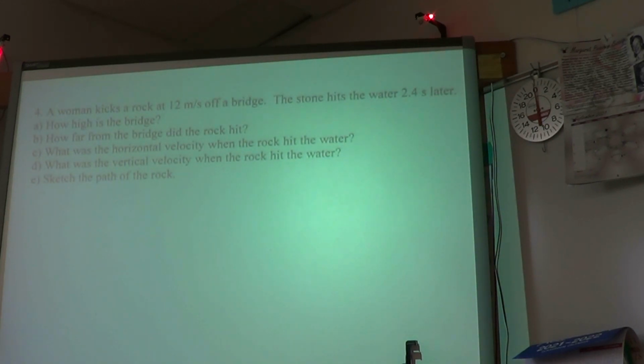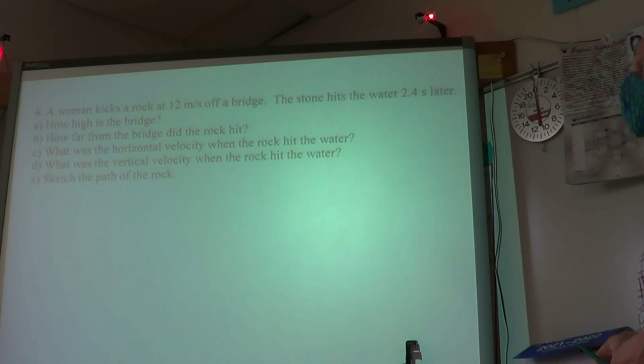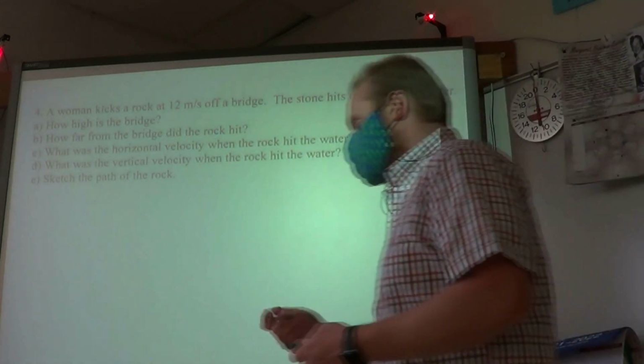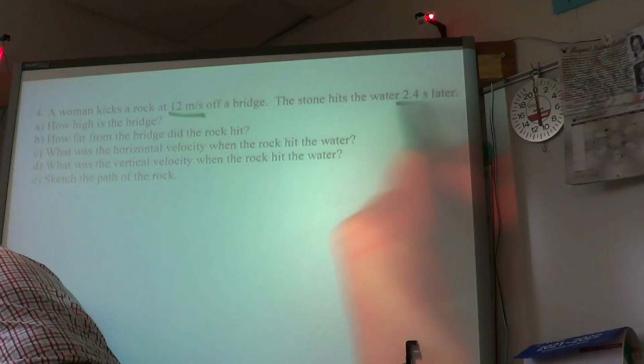The stone hits the water 2.4 seconds later. How high is the bridge? How far? What horizontal velocity? Lots of different parts to the question, but let's just start with part A. So a woman kicks a rock off of a bridge at 12 meters per second, and it hits the water 2.4 seconds later. If we look for numbers, we see that, and we see that.